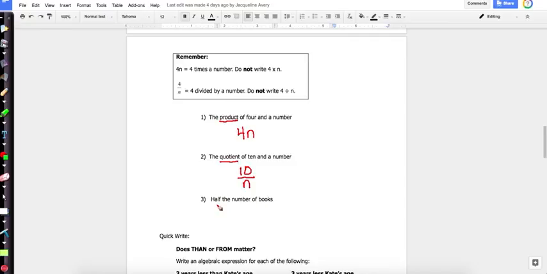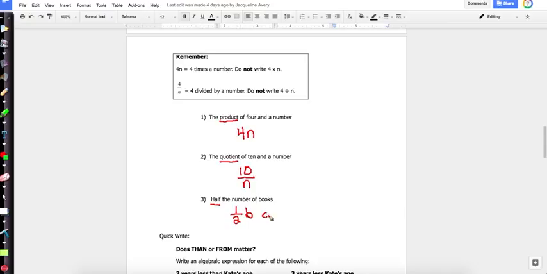Okay, half the number of books, our keyword is half. So how do we write 1/2? Good. And we want half the number of books, so we're going to write 1/2 b, because when we take half of a number, we're multiplying the number by a half.